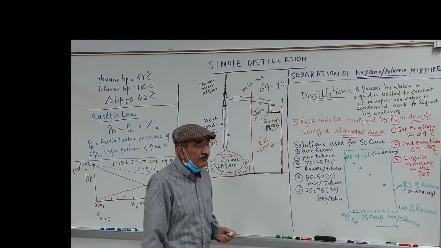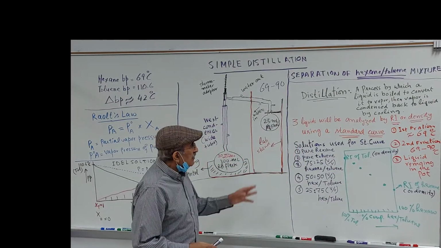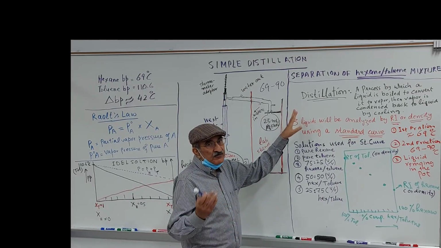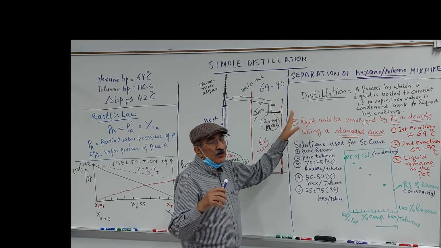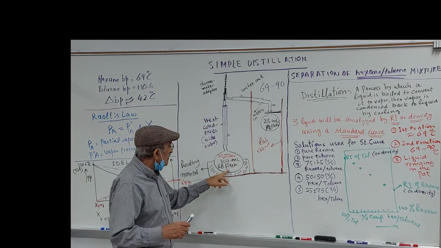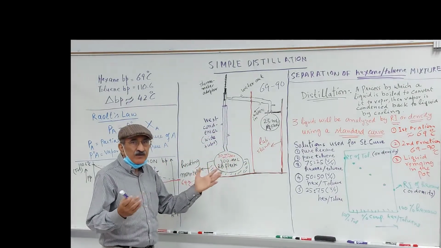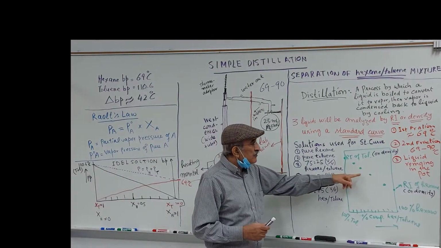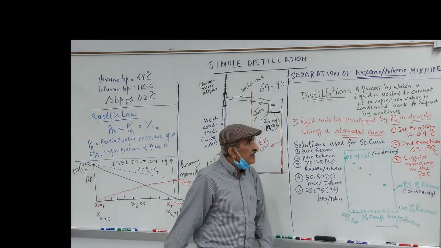We call it a standard curve. Now you know the RI value or density value of your first fraction, second fraction, or the leftover liquid in the distilling pot. You have already measured those values, so you can find out the composition using this standard curve.